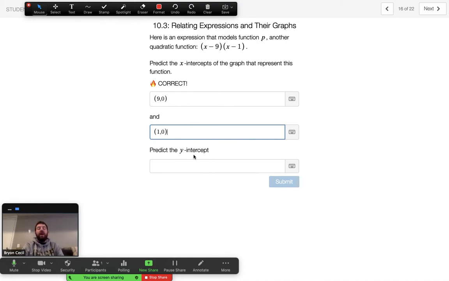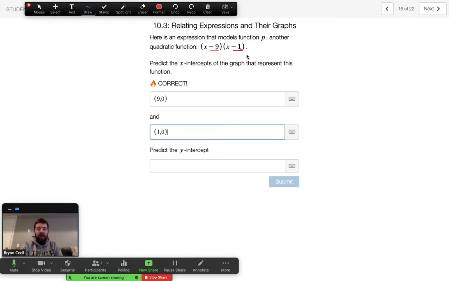Now predict the y-intercept. This is tough because you're going to have to multiply those back out, to FOIL. But we just need the constant term. So what we can do here is cheat a little bit. As long as my constants are at the end of my FOIL, we're going to take this times this.